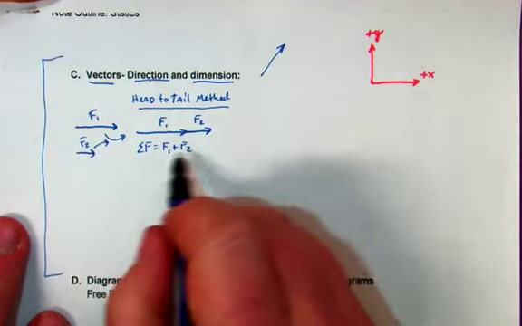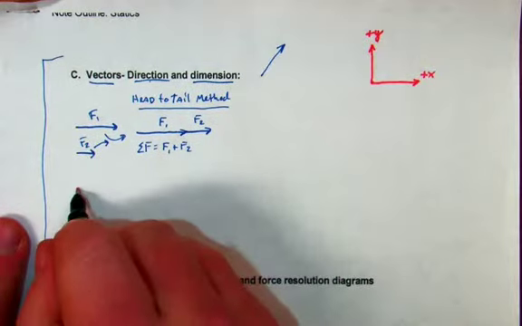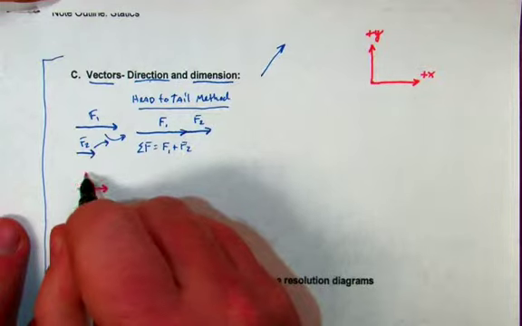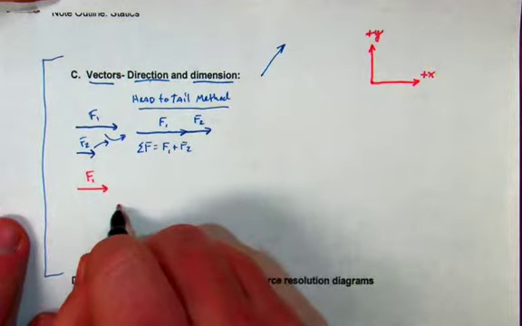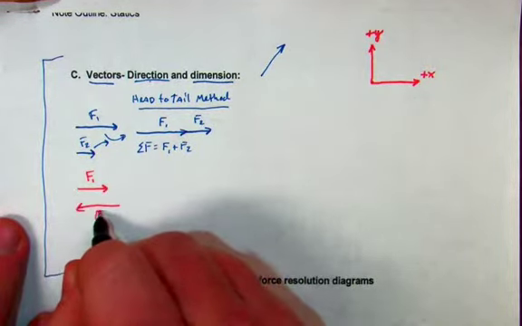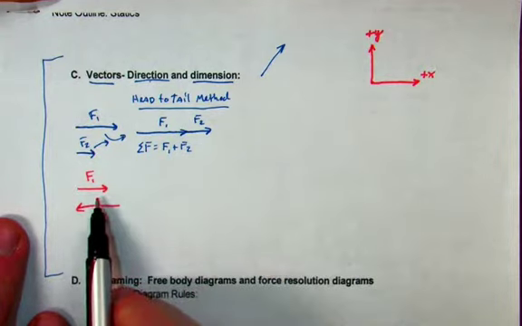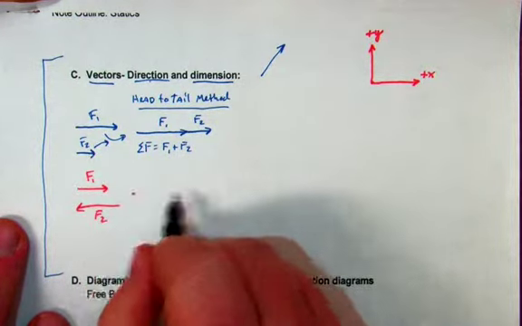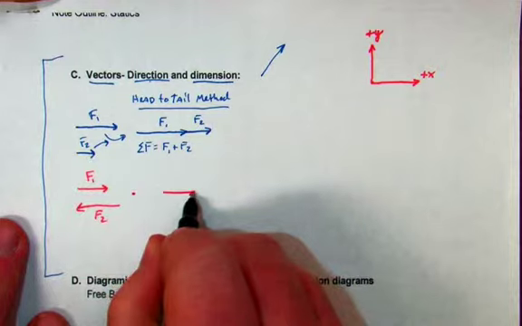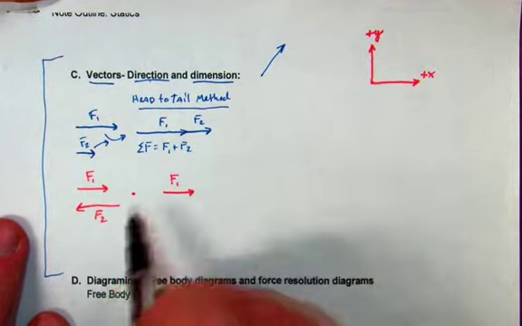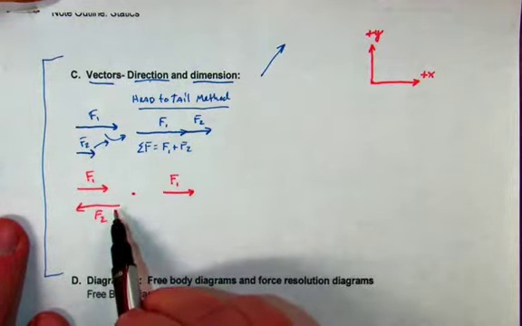Now, what if they're maybe the same dimension, but they're opposite? Okay? So I have now a new problem where I have, let's call this F1, and let's call this F2. Well, I would do the exact same thing. I would draw my first one. Let's draw it over here a little bit. That's F1. And now I would take the second one and put its tail at the head of the other one.